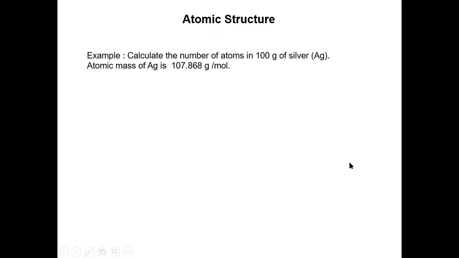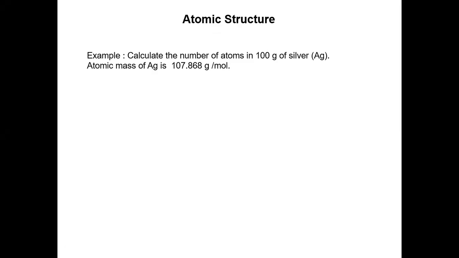Okay, let's do an example to identify atomic mass and Avogadro number of an element. So this example asks you to calculate the number of atoms in 100 grams of silver. Silver is a metal.